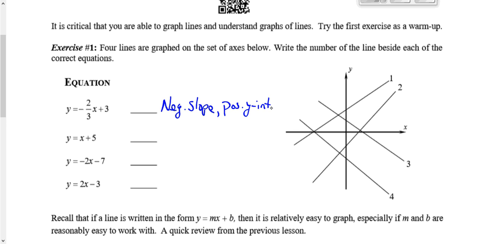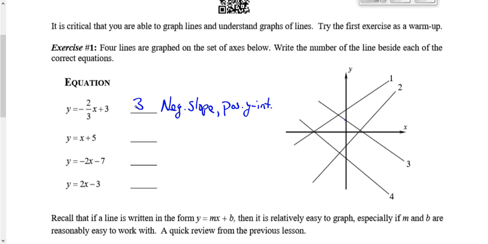Okay. So that probably is enough, given the lines are there. Which line over there has a negative slope with a positive y-intercept? Are there any more than one of them that does? No, I think it's 3. Doesn't it have to be 3, right? Has a negative slope, and the y-intercept is positive. All right, so that's a 3.